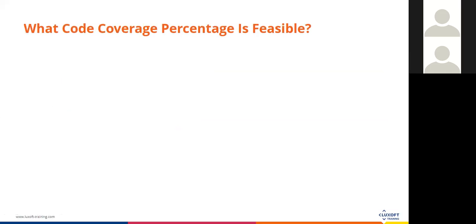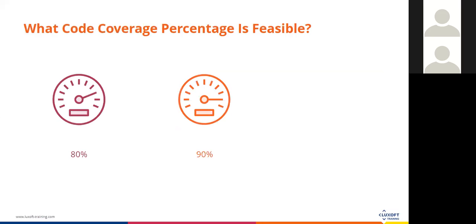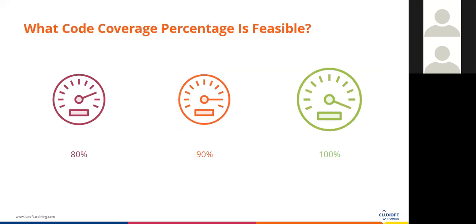How high can we bring the code coverage? 80%, would that be good? Maybe. 90% would be better, but is it feasible? Can I arrive to write tests in a way that we arrive at 90%? Or even the ideal situation, may we arrive at 100% code coverage?